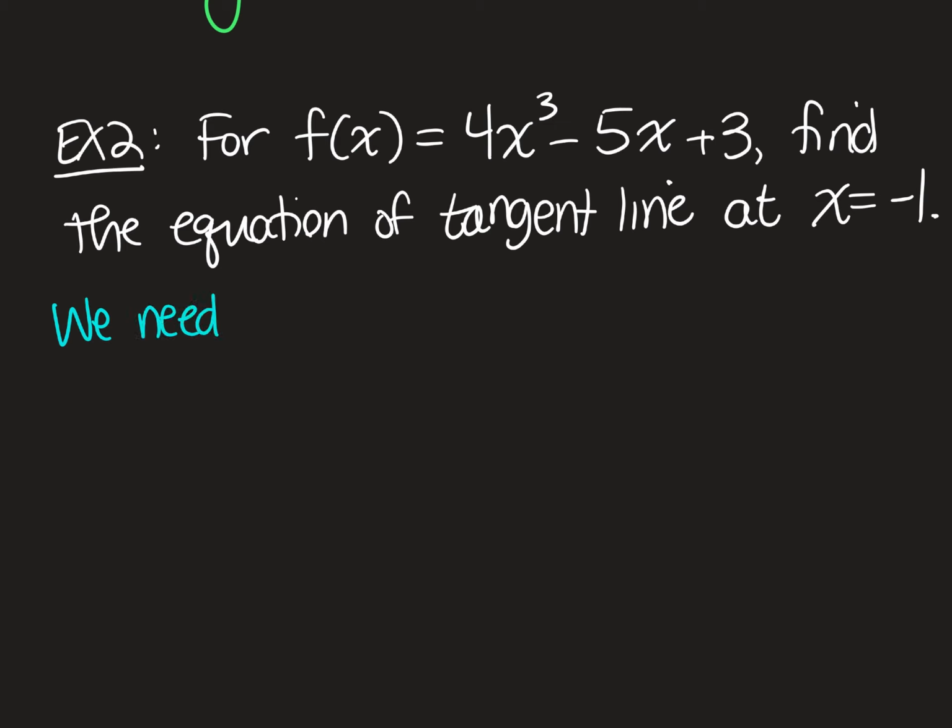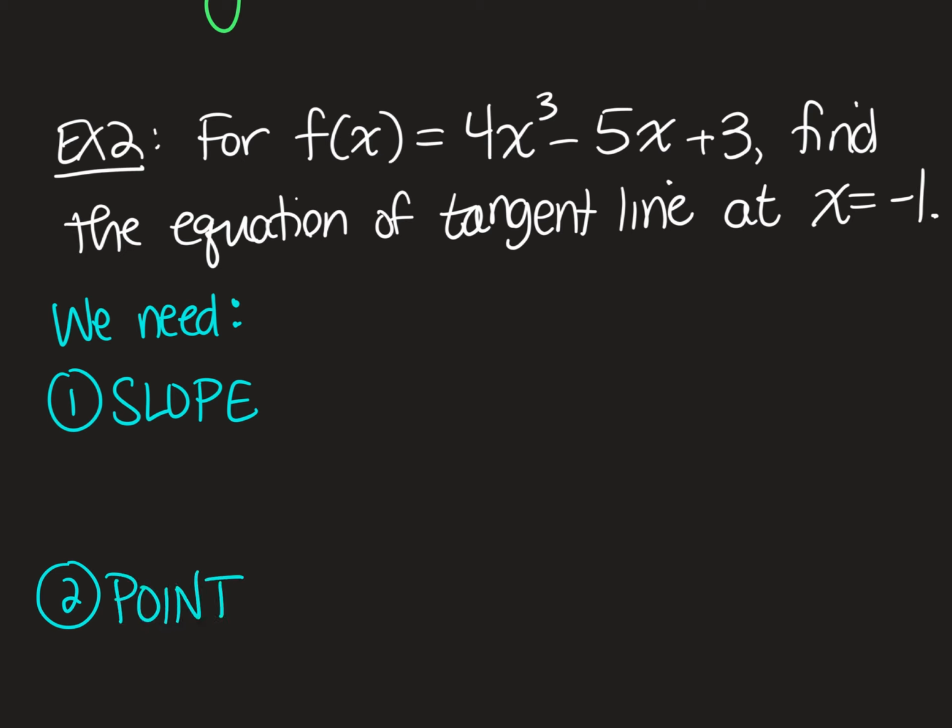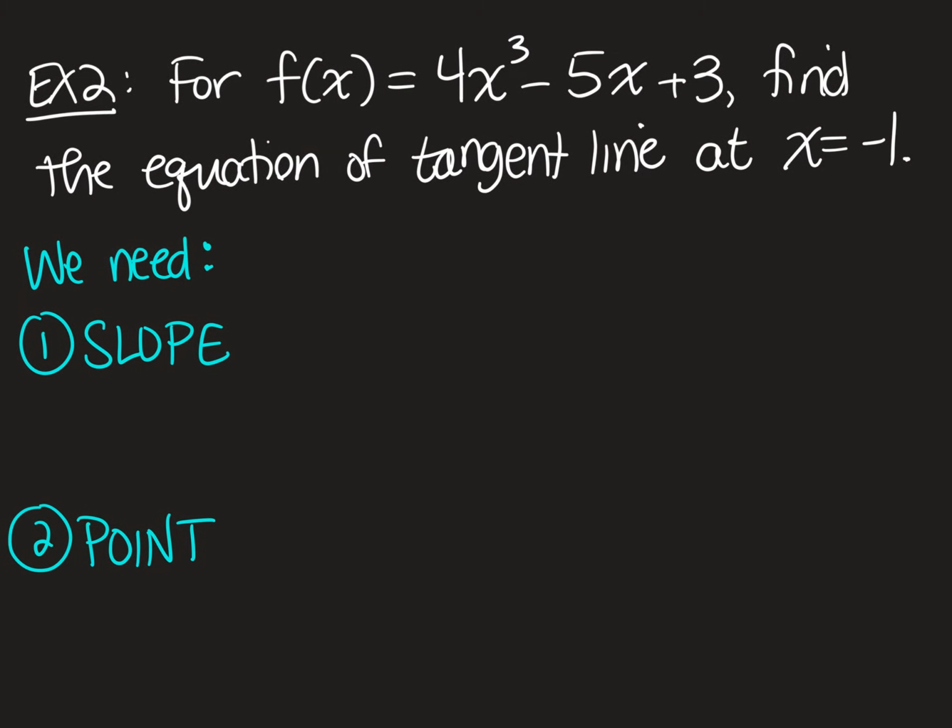So we need 1, the slope, and 2, a point. So let's see if we can find those two things. So starting with our slope. Again, what we know is that the slope of the tangent line is in fact the derivative. So I'm looking at the function and I need to find the derivative. So I'm going to start with find the derivative.